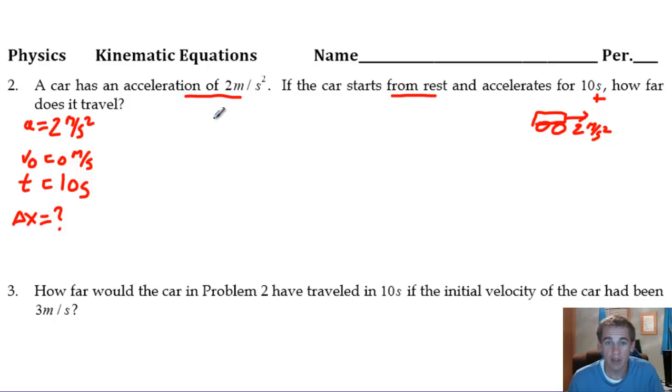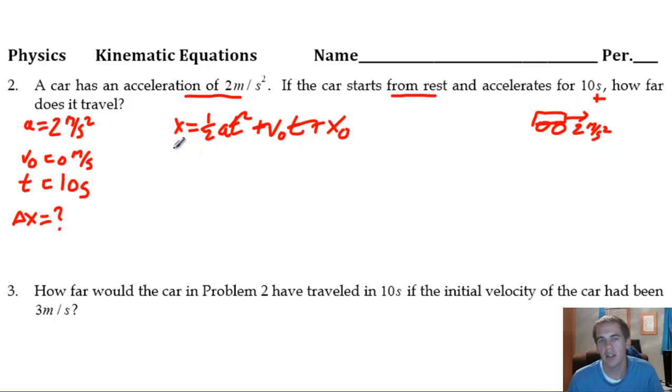Okay, so I'm given an acceleration, a time, an initial velocity, and I'm looking for a delta x. The first kinematic equation is out because it relates final velocity, initial velocity, acceleration, and time. The third one relates position, final velocity, initial velocity. I don't know final. But the second equation says x equals 1/2 at squared plus v naught t plus x naught.